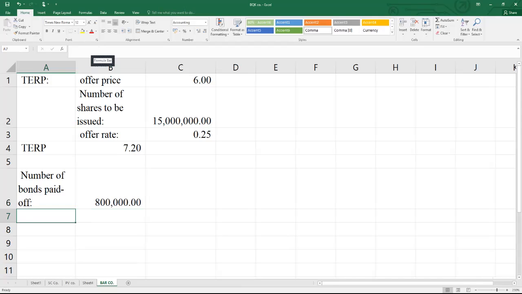Therefore, the nominal value of those bonds you have just bought back.